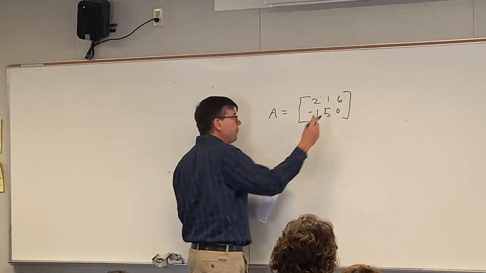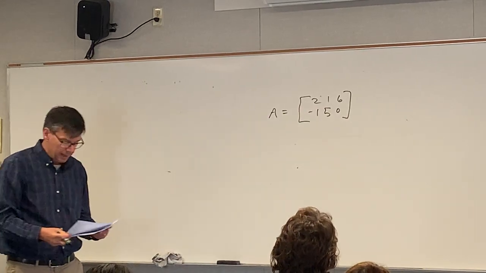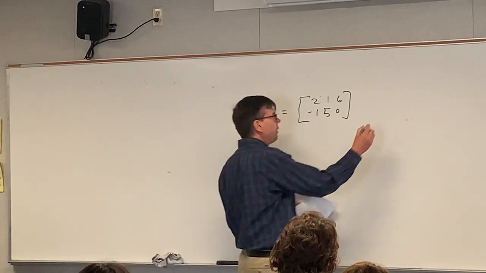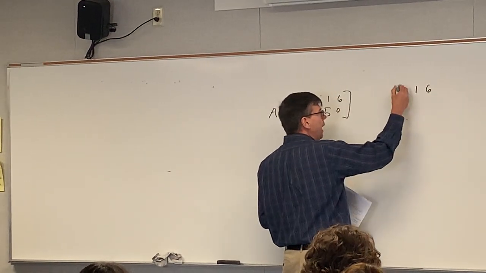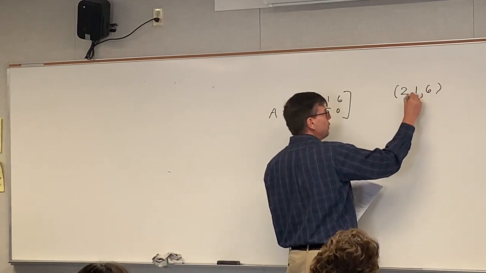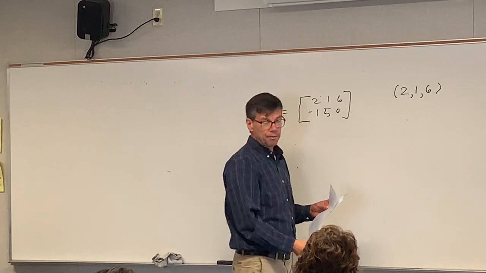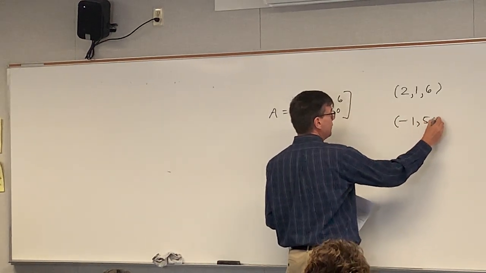Now, for us, vectors have always been column vectors in Rn. But here, we're going to think of 2, 1, 6 as a row vector. And I think our book still likes to use just old-fashioned parentheses and commas for that. We have another row vector, negative 1, 5, 0.